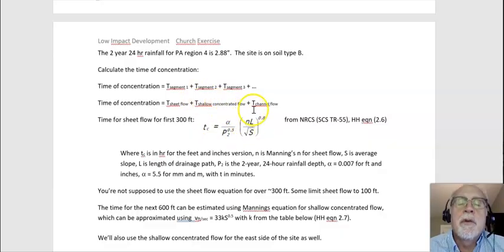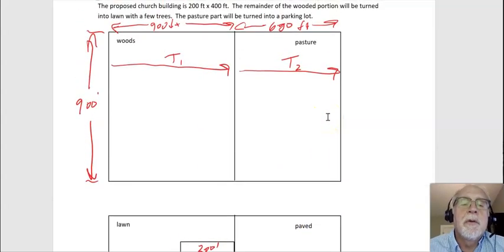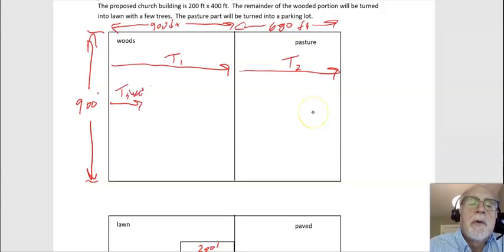Then after that it forms into channels. So we might have to break this up into a time of sheet flow, and then a time of shallow concentrated flow, and then the time of channel flow.